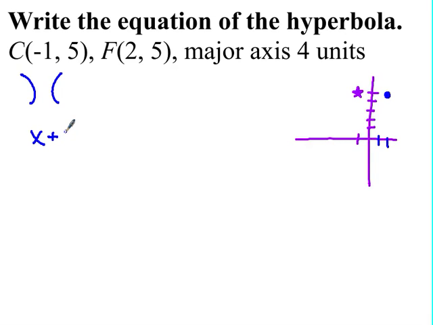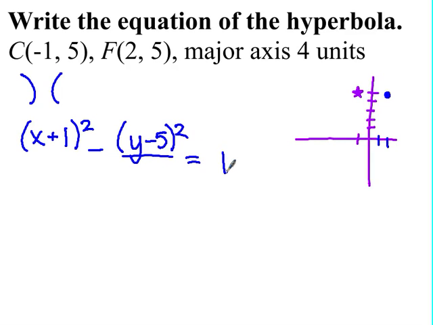X plus 1 quantity squared minus what will come next? Minus 5 quantity squared, okay, equals 1. So if you get nothing else more than that written, you're at least going to get partial credit because you told me it opens left, right, and you've got the center in there.